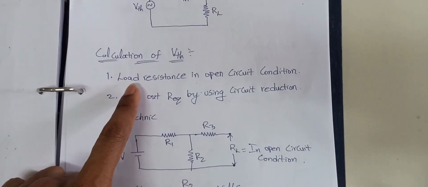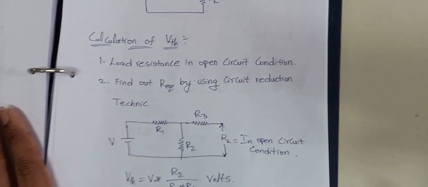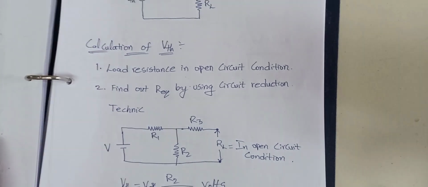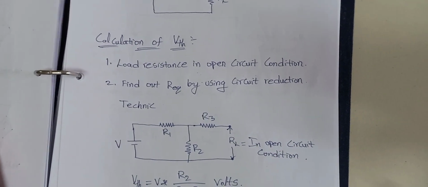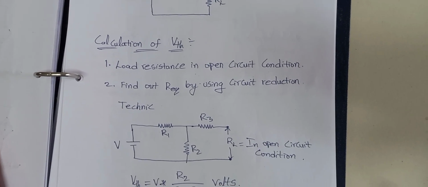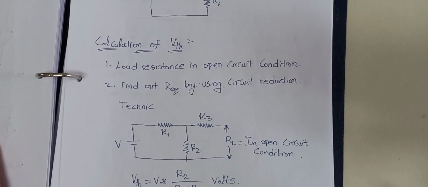First we will go for the calculation of V Thevenin. Here I have given only 2 conditions. The first condition is the load resistance in open circuit condition, and then find the equivalent resistance by using the circuit reduction technique.